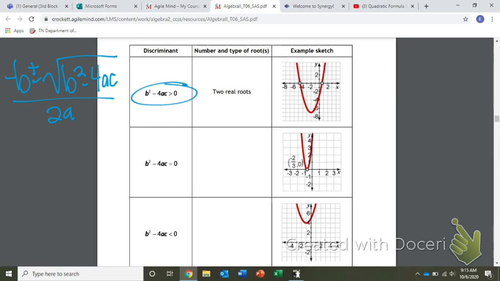If this discriminant is greater than 0, meaning it's a positive number, there will be 2 real roots. If it equals 0, like it literally equals 0, there will be 1 real root.